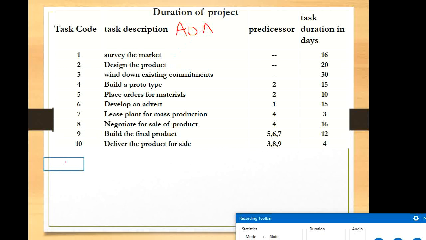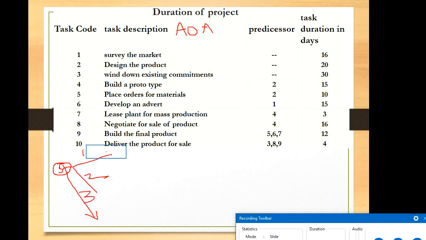So activity on arrow will be like this, starting point, right? But starting point, where it is starting. So for first 1, 2, 3, there is no predecessor. This is start, right? So this is 1, 2 and 3.